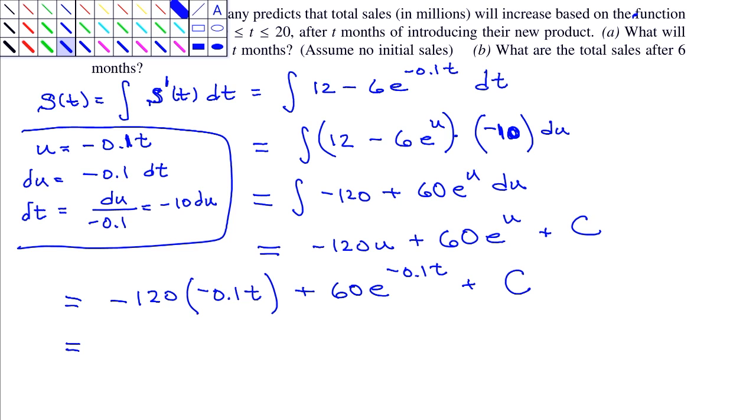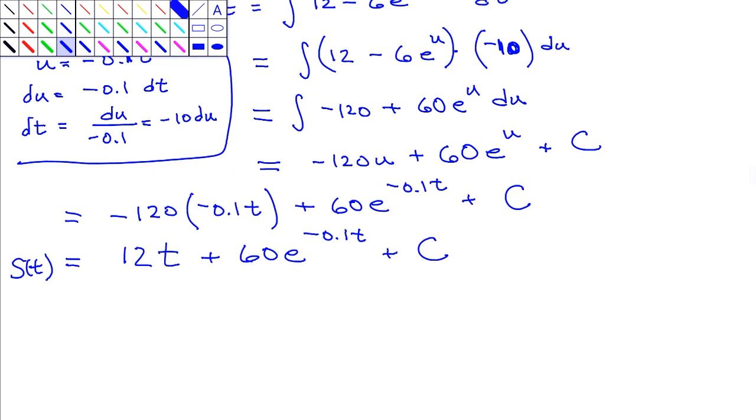Now, what is 1/10 of 120? That is 12. The negatives cancel. So that gives me 12t plus 60 e to the negative 0.1 t plus c. That is our beginning formulation of S of t.